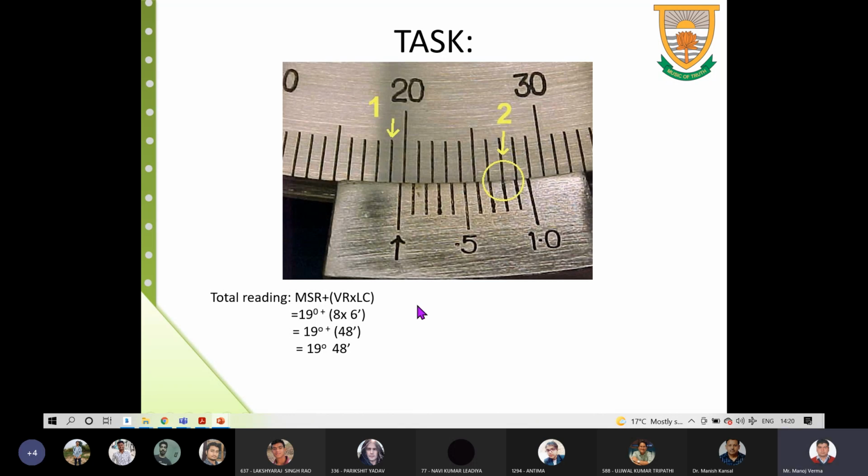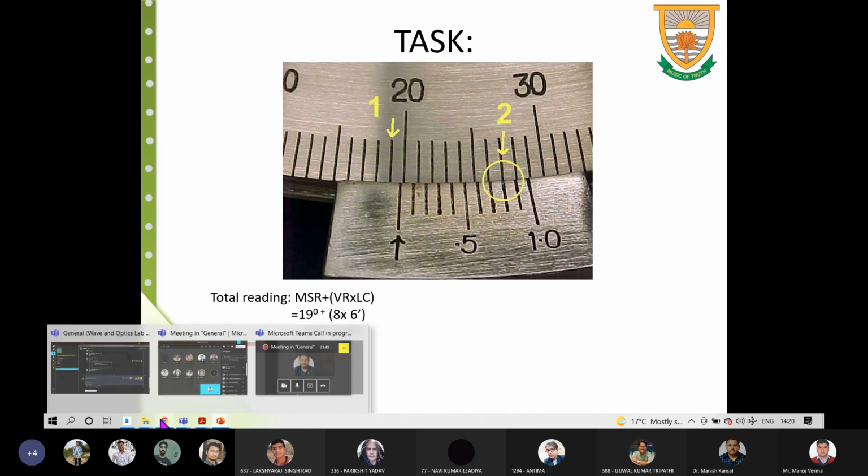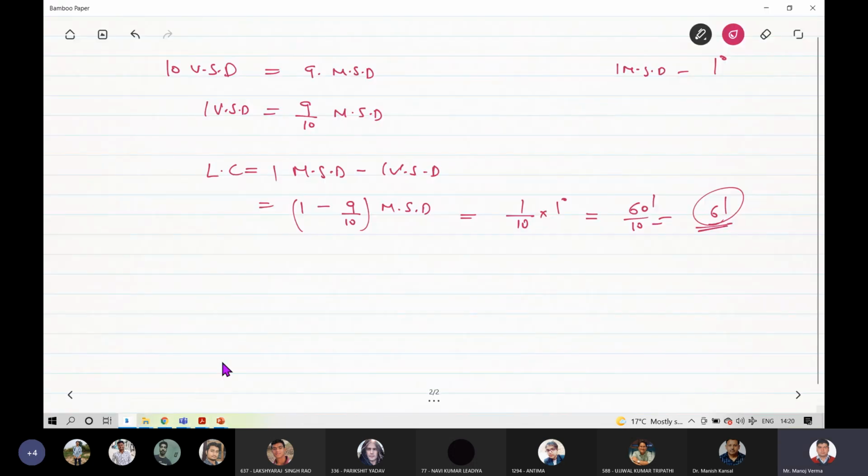Okay, now at this position I have to find the total reading at this particular point. The total reading of any scale of this type will be equal to main scale reading plus vernier scale reading.